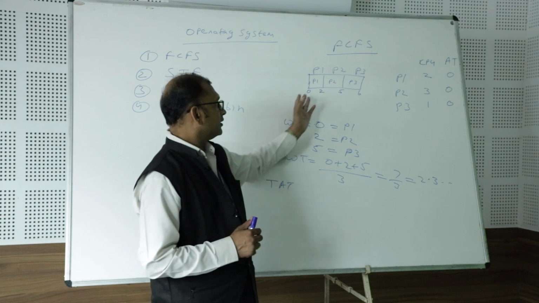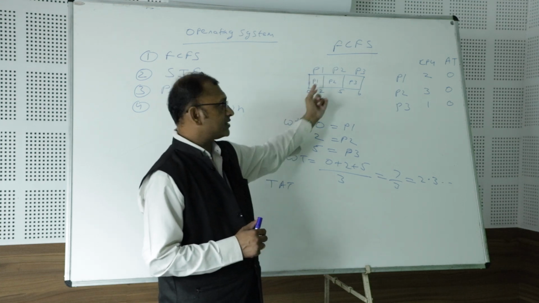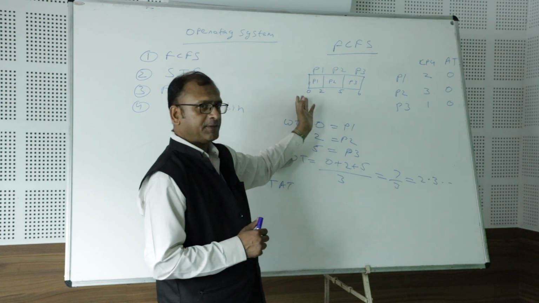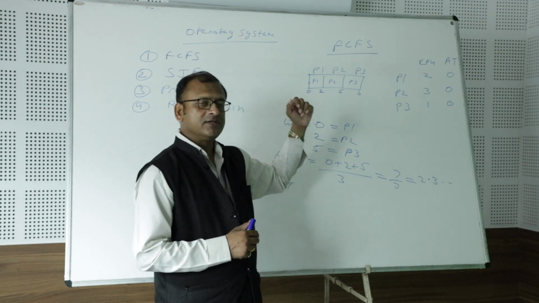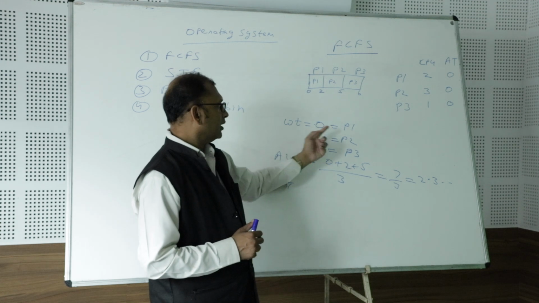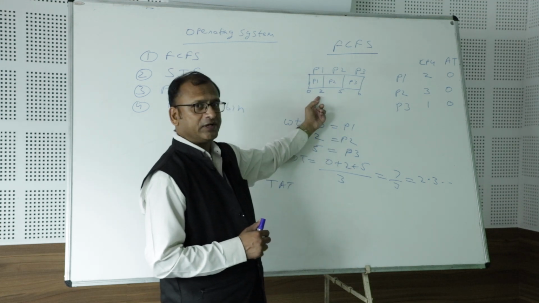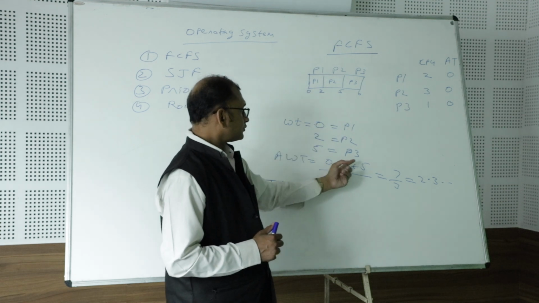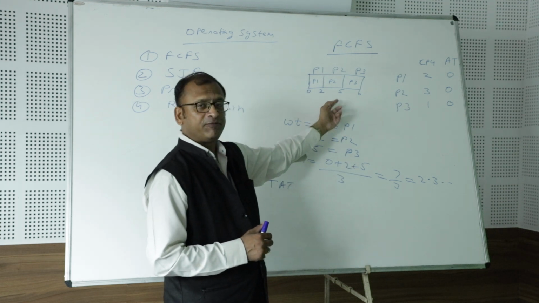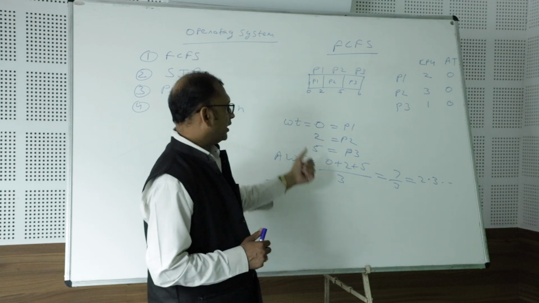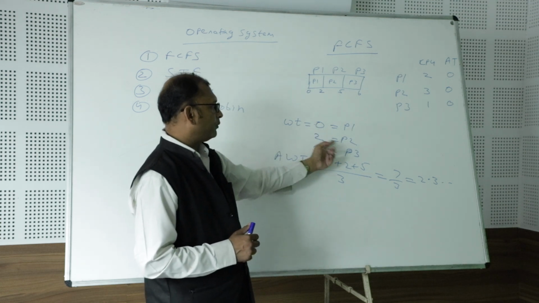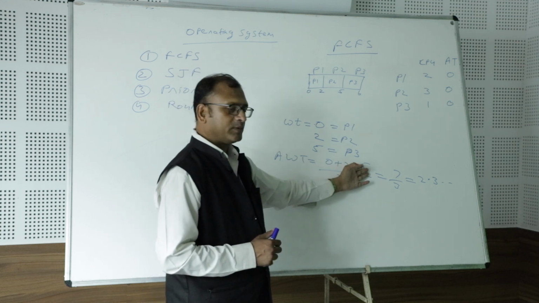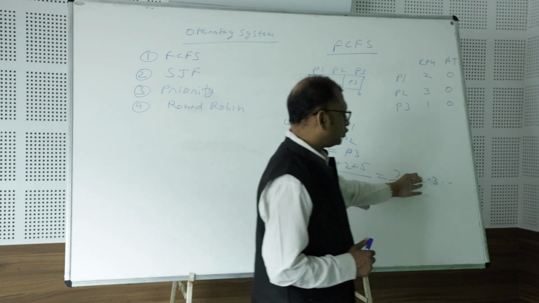So here P1 has arrived at 0 time interval, and we have given this process the CPU at 0 time interval itself, so its waiting time will be 0. P2 has to wait for 2 units time interval, and P3 has to wait for 5 units time interval before it gets the CPU. So waiting time of P1 is 0, P2 is 2, and P3 is 5. Average waiting time is 0 plus 2 plus 5 divided by 3, and we have got 2.3.